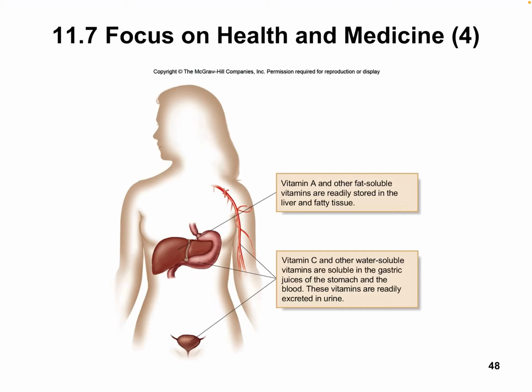So vitamin A and other fat-soluble vitamins, they get processed and stored in the liver and other fats around our body. Whereas vitamin C and other water-soluble vitamins, they are delivered where they need to be delivered in aqueous solution, but we pee them out really quickly. All right?